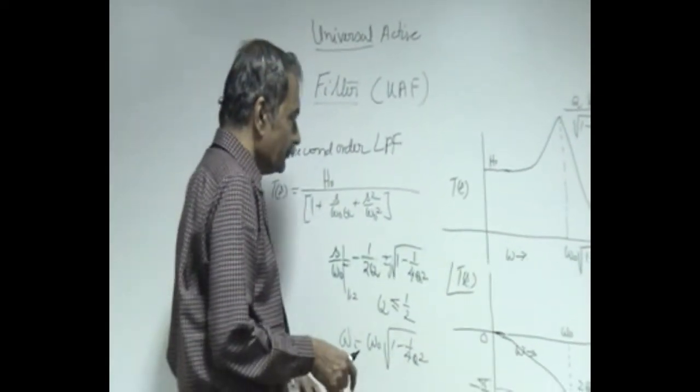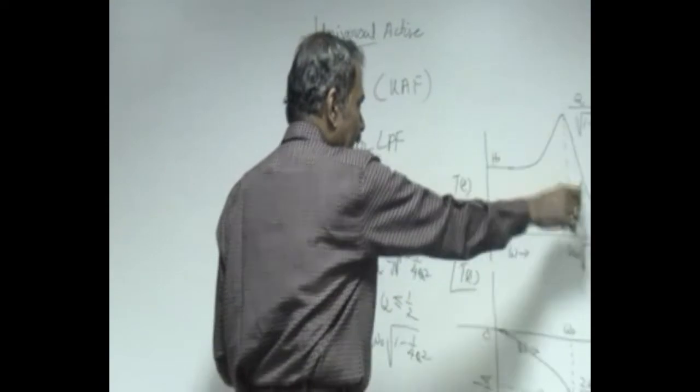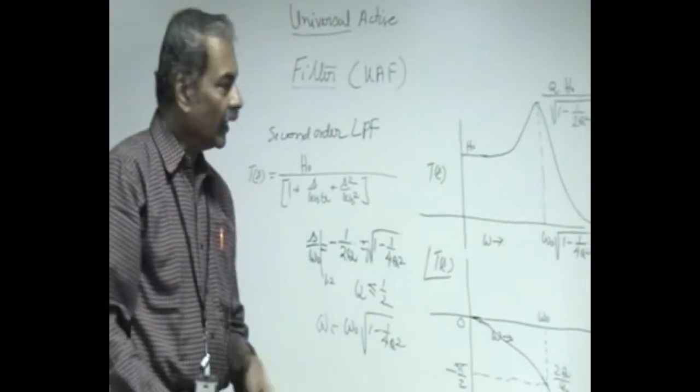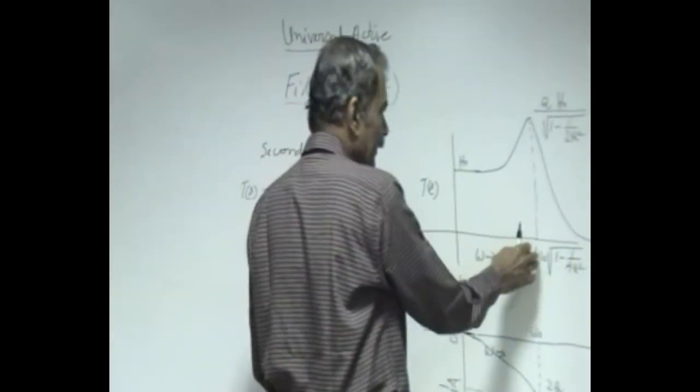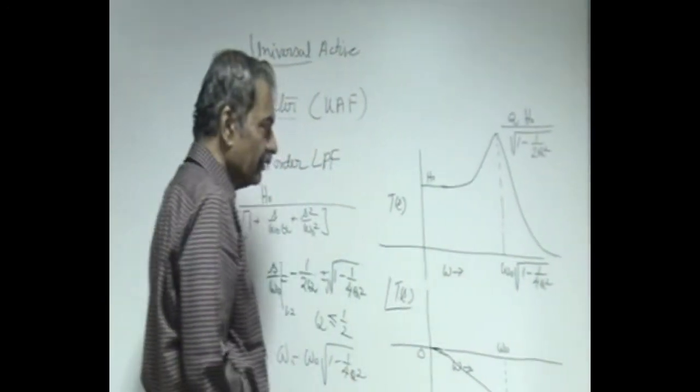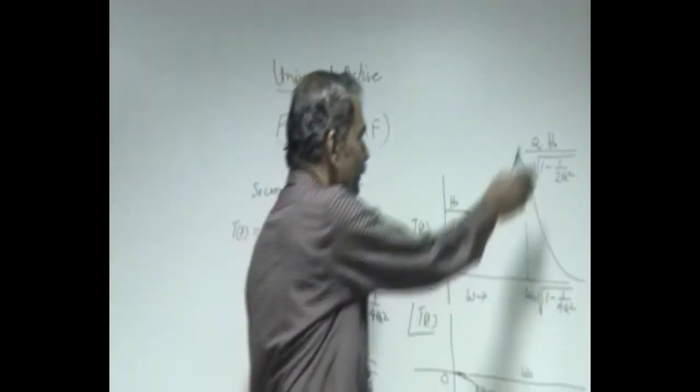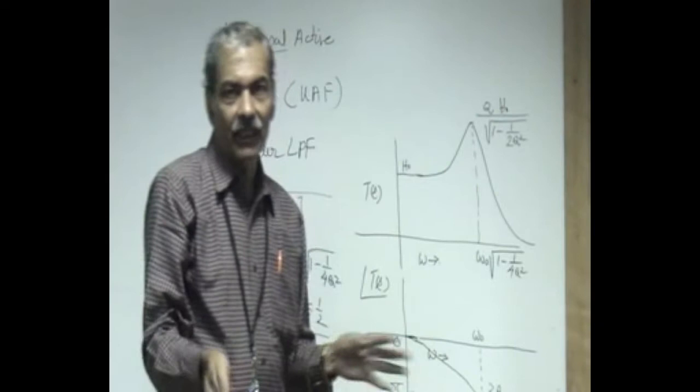And in the frequency response characteristic, the magnitude will show a peak when Q is very high, very nearly at the resonance frequency, and the value of the peak is directly proportional to Q for high Q.